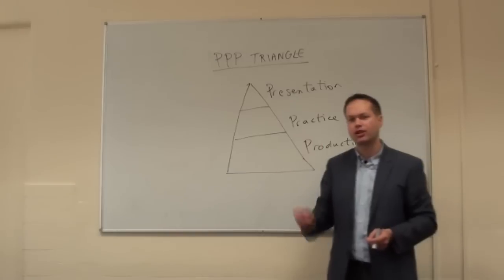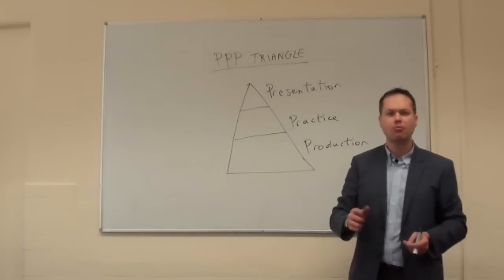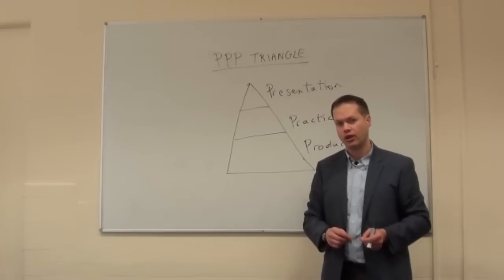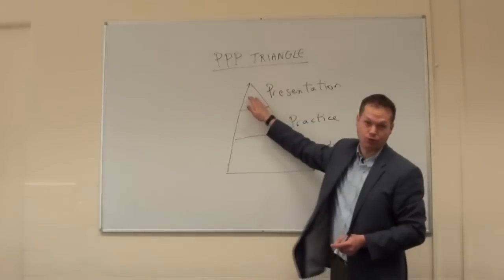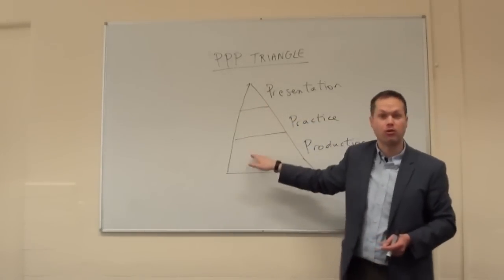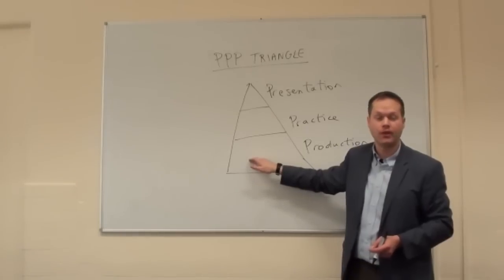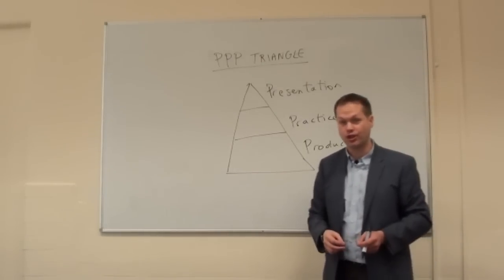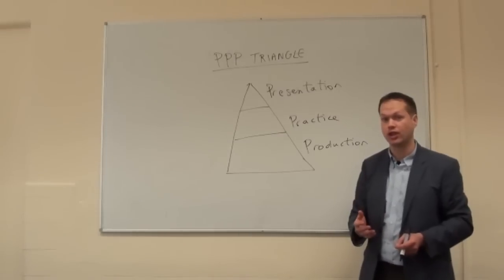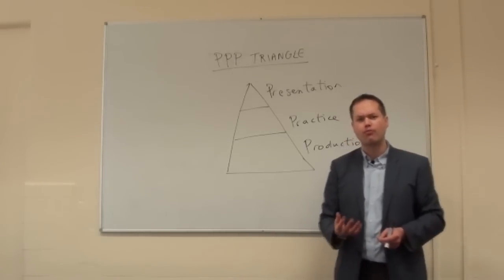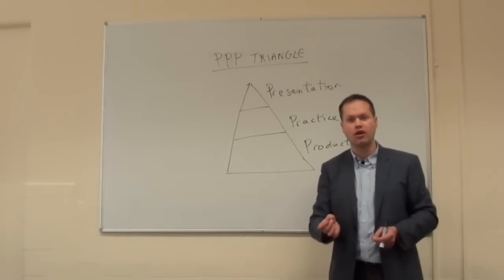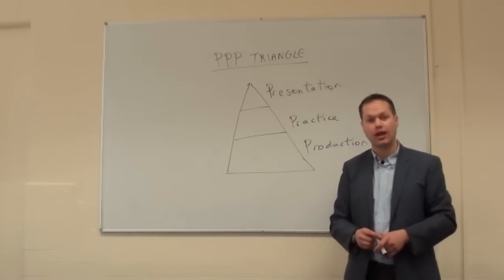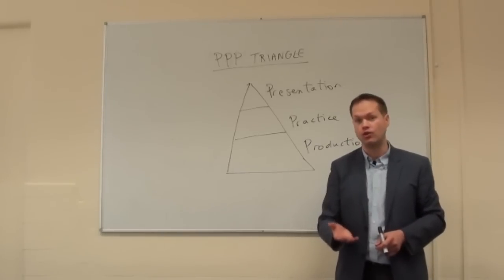Let's talk about the presentation stage first. There are 3 parts to the presentation stage, and they're really important to do properly, because if you don't do this stage properly, you're going to have problems going on to the later stages. So 3 areas for you to consider when you're giving your presentation stage. And we're talking here about presenting new language to students, presenting the target language, which simply means the language that you're trying to teach the students in that particular class.